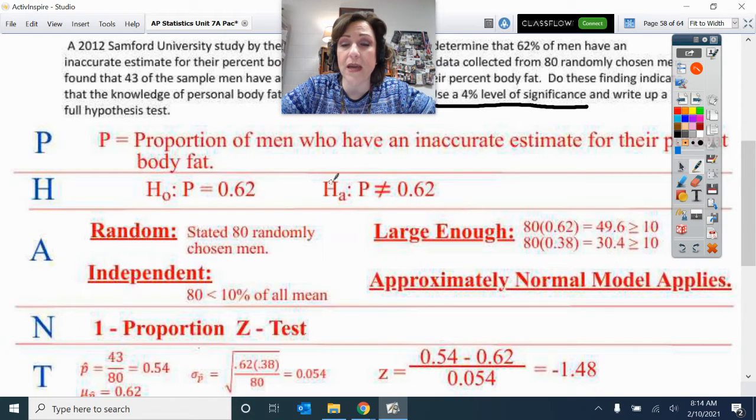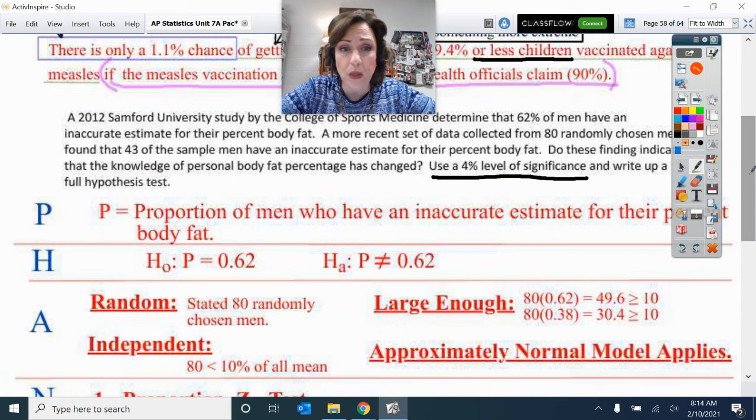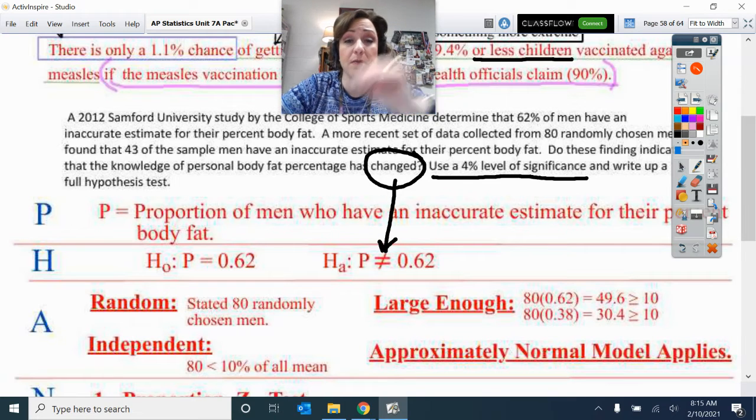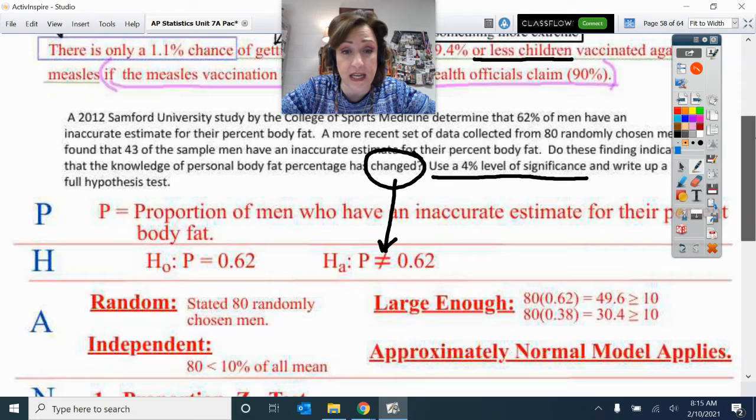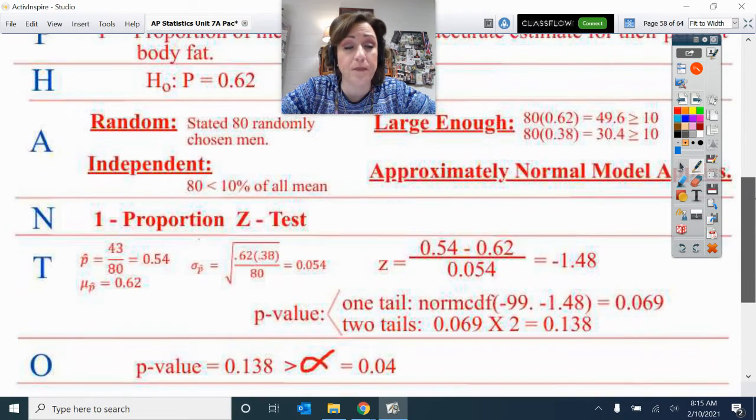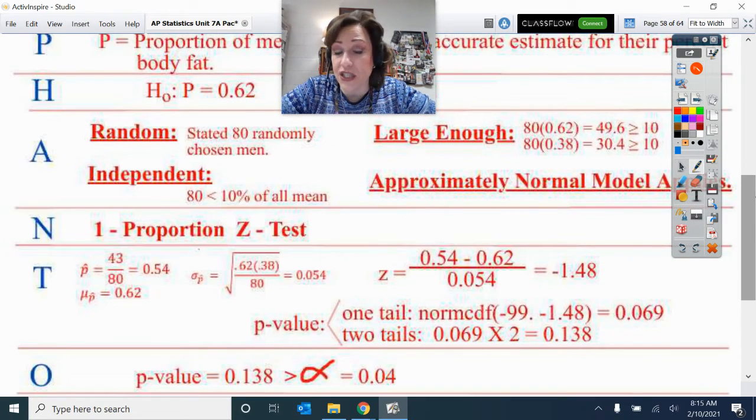Why did I choose this to be two-tailed? Well, do these findings indicate that the knowledge of a person's body fat has changed? That question I'm investigating is what led me to choose a not equal to sign as the alternative. Okay, so now here were my conditions.